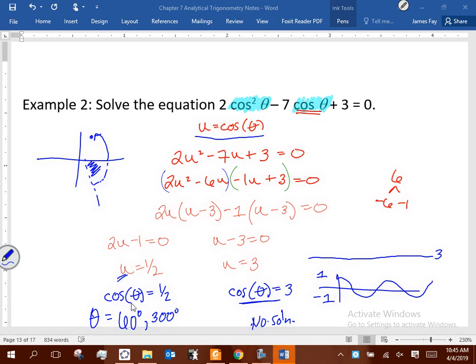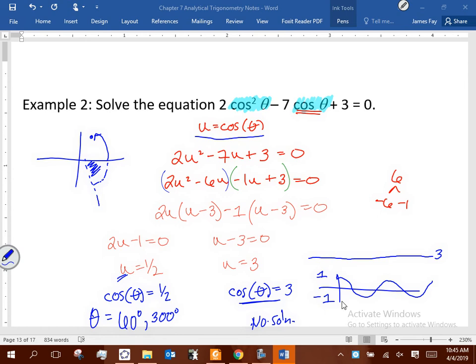Obviously that's an equation that is different than what we started with, but each one of these little last statements is saying, okay, take your cosine curve, take the line y equals a half, and see where they cross. Take your cosine curve and the y value of 3, see where they cross. Okay? That's one way of viewing it.